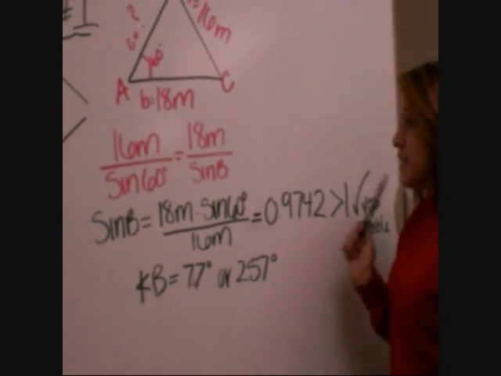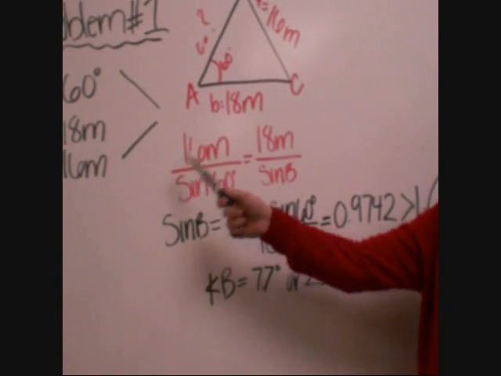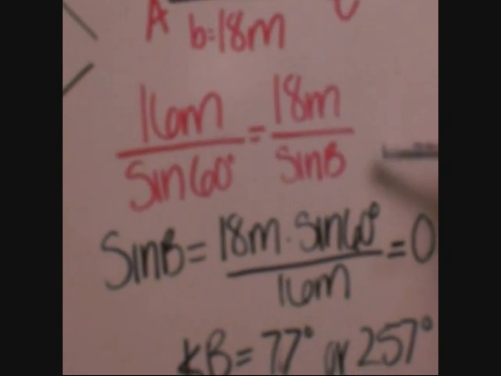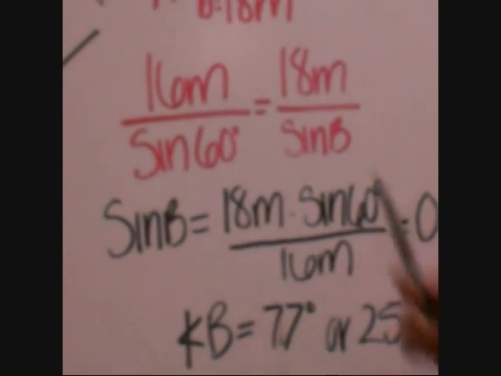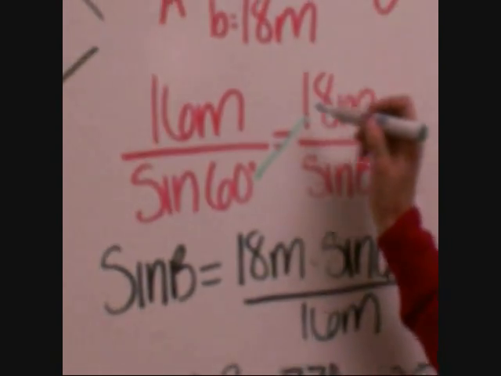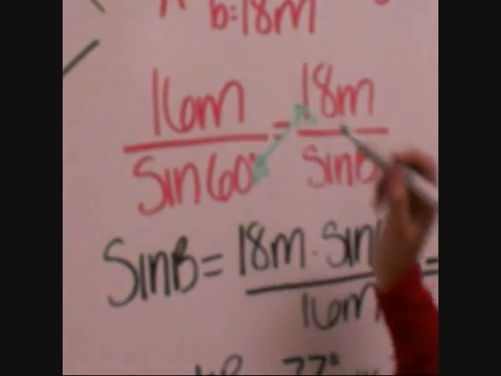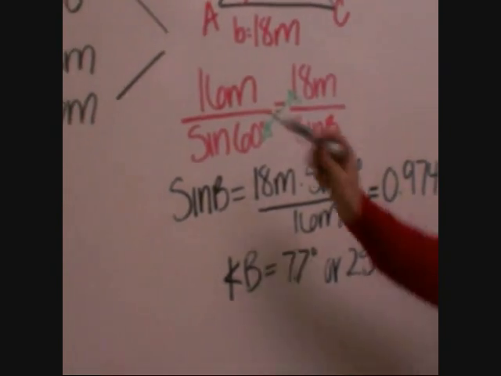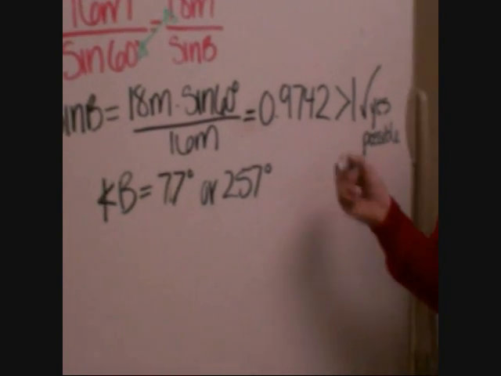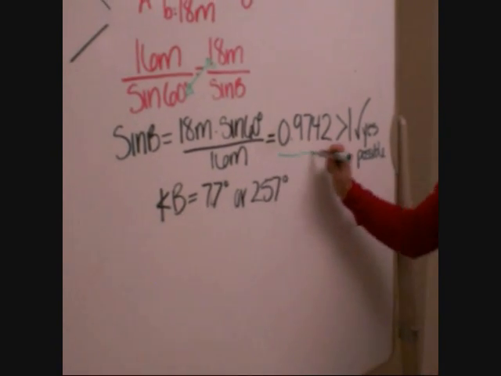To find out if this is possible, you get 16 meters over sine of 60 degrees equals 18 meters over sine of B. And if you plug it into your calculator, you should get this right here.